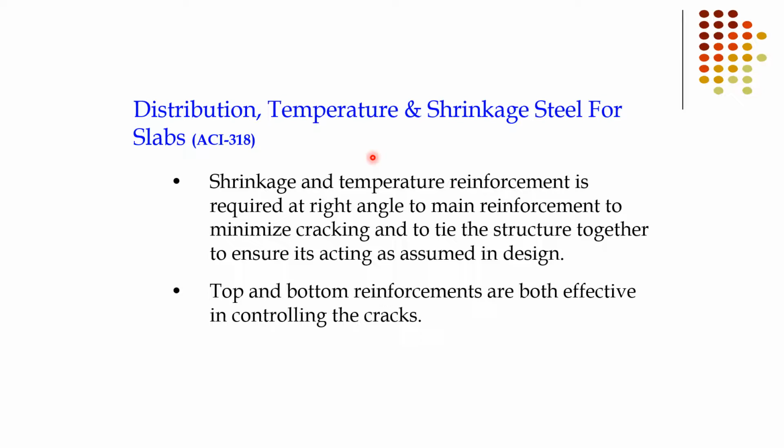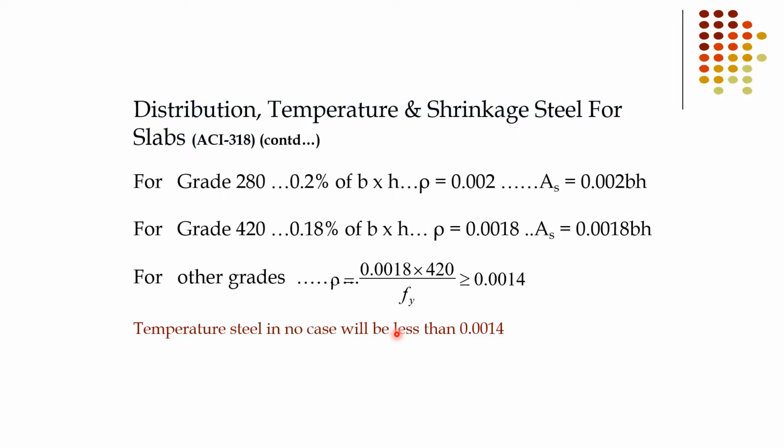So the distribution steel must be provided in one-way slabs other than the main bars. Shrinkage and temperature reinforcement is required at right angle to the main reinforcement to minimize cracking and to tie the structure together to ensure it acts as assumed in the design. Top and bottom reinforcement are both effective in controlling the cracks, meaning main bars and distribution bars both act in controlling the cracks.